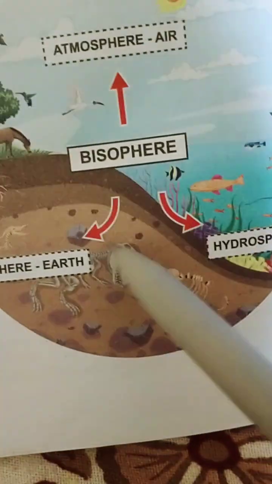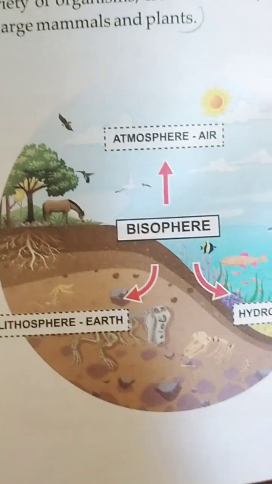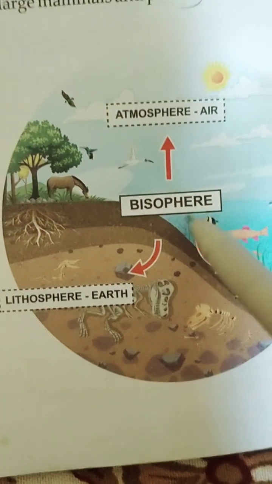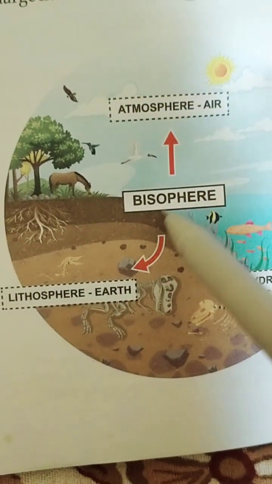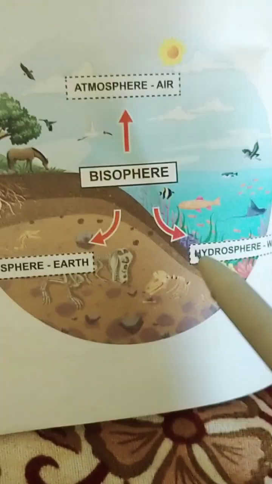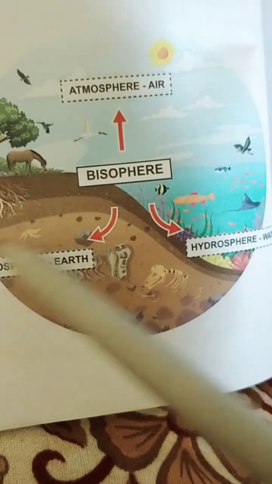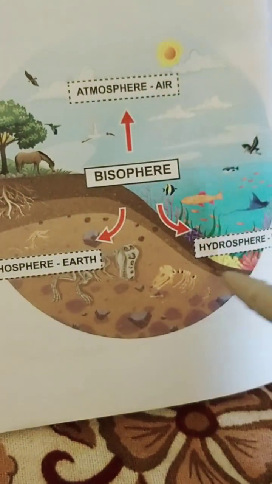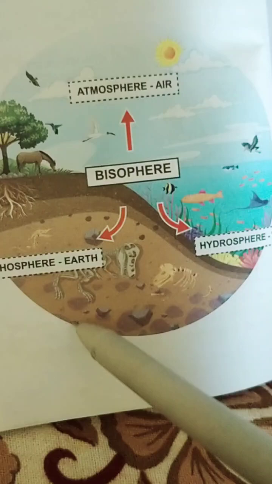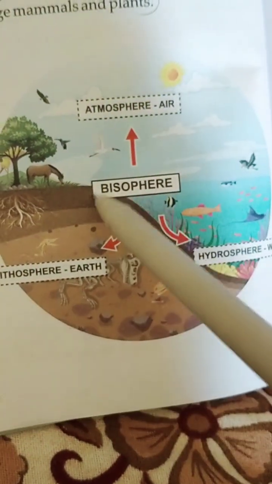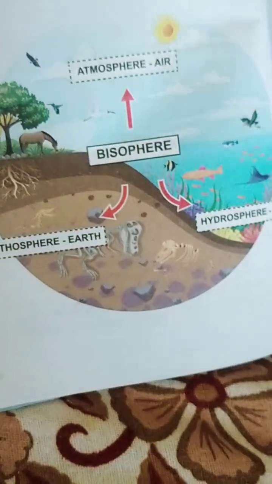Where is the lithosphere? This is the biosphere, the atmosphere, the lithosphere, the hydrosphere. This is the lithosphere, the crust. It ranges from 1.6 kilometers to 130 kilometers.